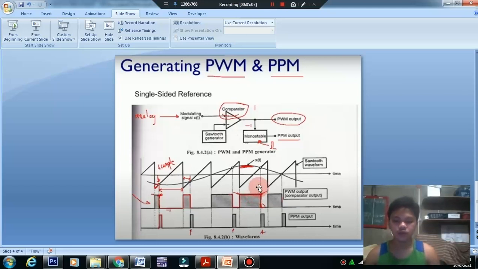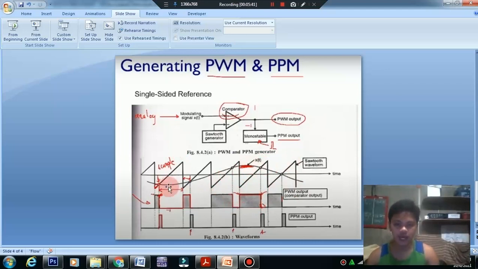As a result, you have an output which is a pulse modulated output. The pulse position depends on the width of the PWM signal, which corresponds to the amplitude of your original modulating signal. The higher the amplitude of your analog signal, the wider the width of the output PWM signal.